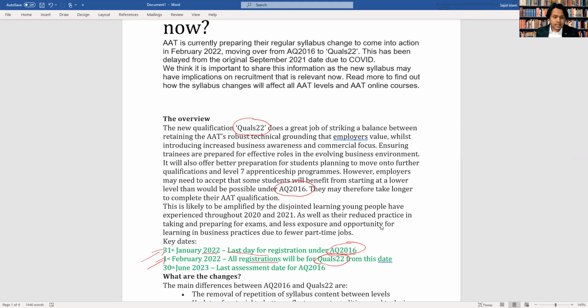And the last exam date that you can do for AQ 2016 will be 30th of June 2023.